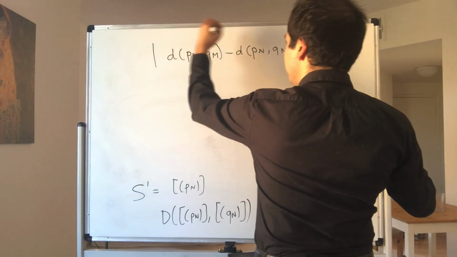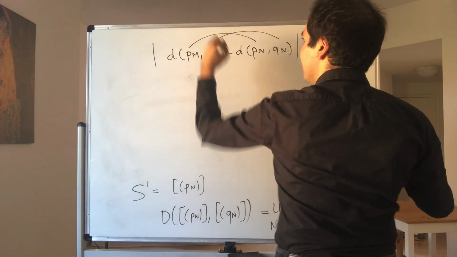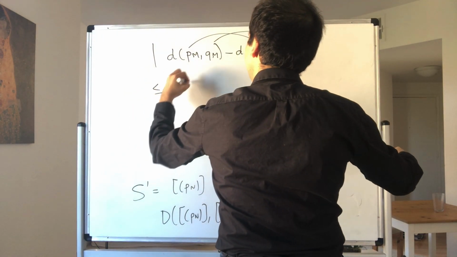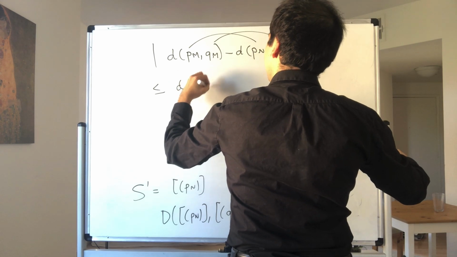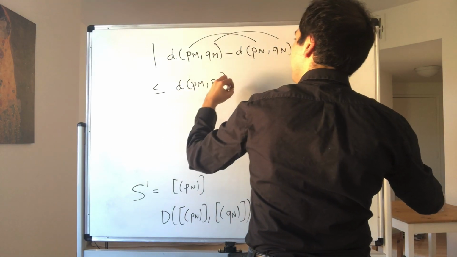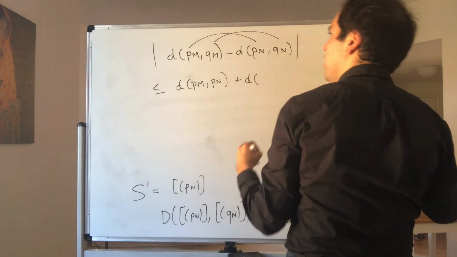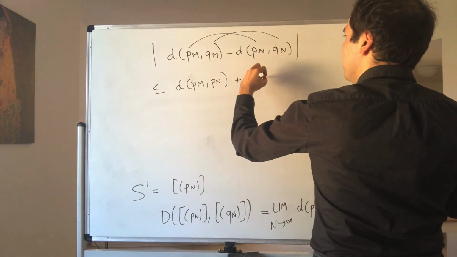But now, notice we can use our interlacing lemma. So this is less than or equal to d(Pm, Pn) plus d(Qm, Qn).